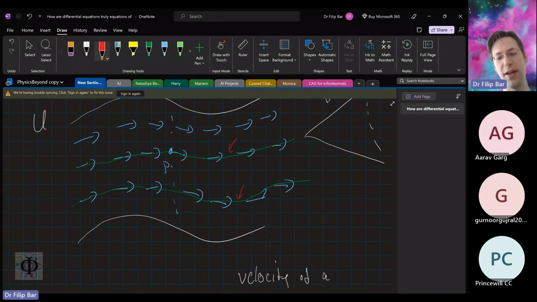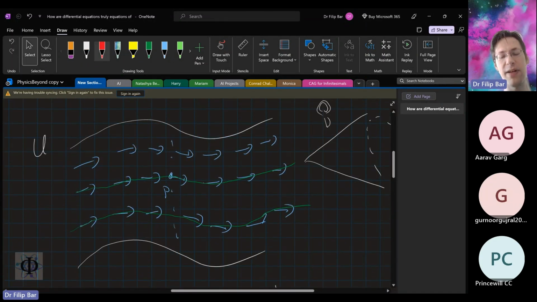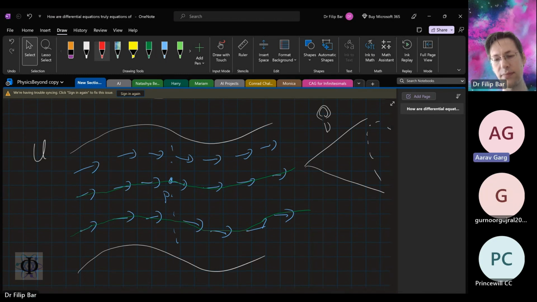So how many solutions do I have for this ordinary differential equation gamma dot equals v of gamma, where v is the velocity in this river? We have infinitely many solutions. And what other piece of information do I need to nail down one solution?